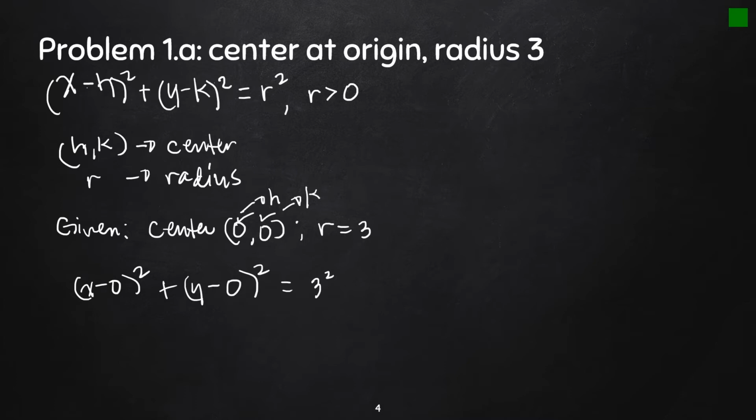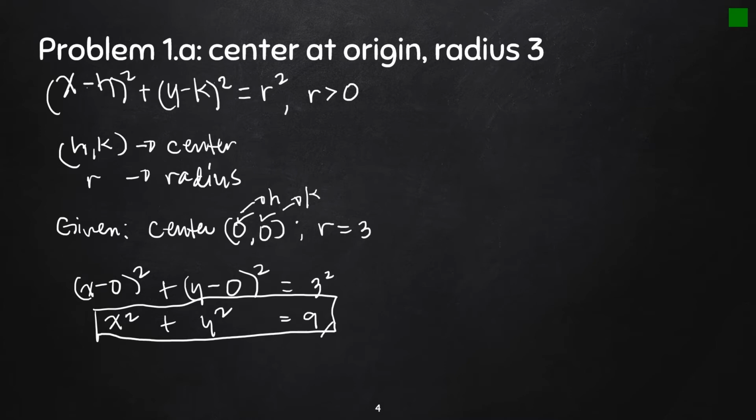And simplifying that, we have x squared plus y squared equal to 9. So this is the equation of our circle in standard form.